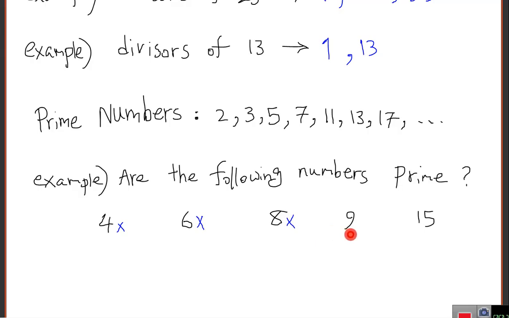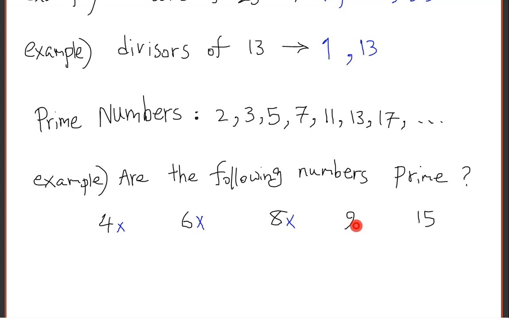Now, what about 9? 9 is a prime number. Are you sure? Let's examine the numbers which divide it: 1, 3, and 9, right?